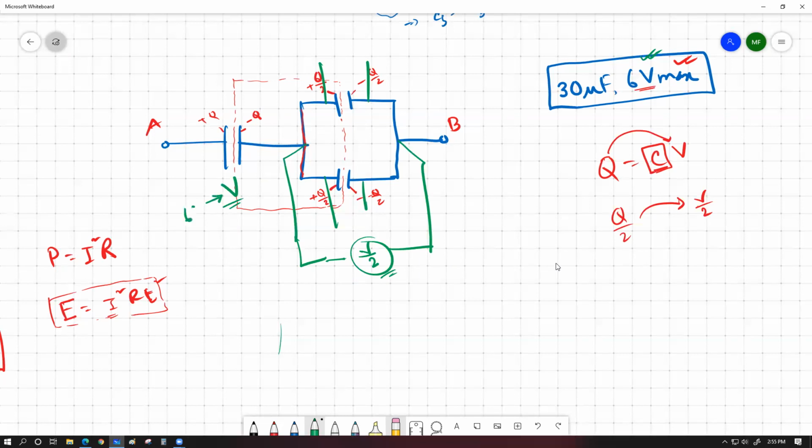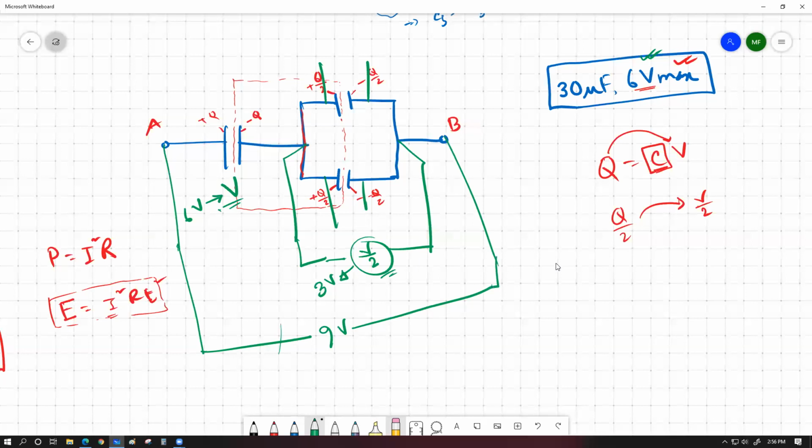So if we apply 6 volts over here, what should be the value applied over here? Logically, V by 2 gives you how much? 3 volts. So how much total voltage can be applied across AB? 6 volts plus the series combination, 3 volts, 9 volts.